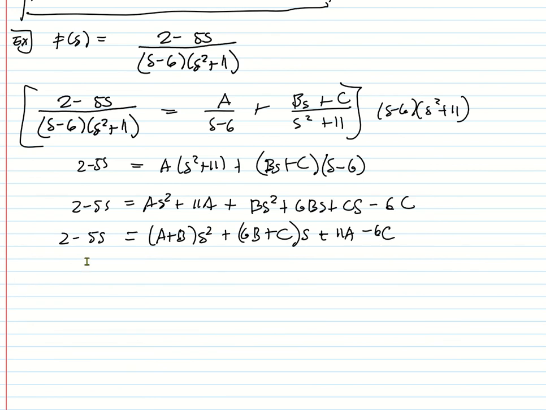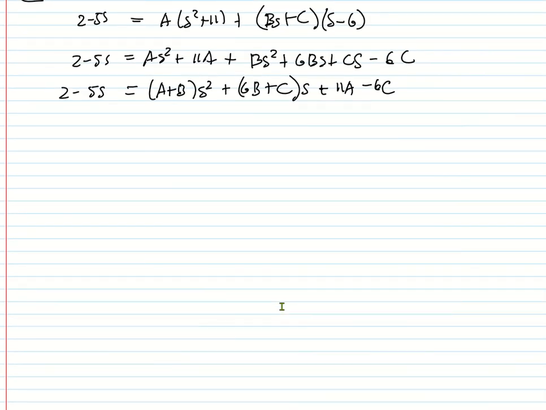Then we can apply equating coefficients. For s squared, on the left side we don't have any s squared term, so we can write 0 s squared. It means the coefficient of s squared is 0. At the right side, the coefficient of s squared is a plus b.